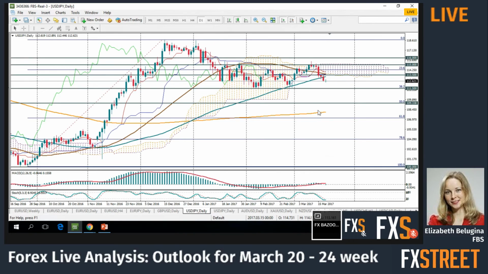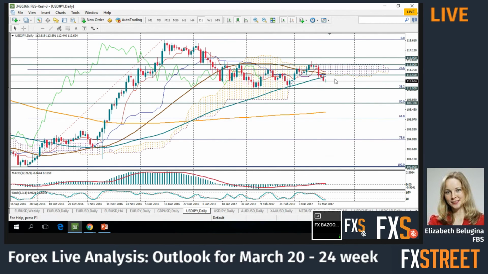So we can see here in the daily chart that there is significant resistance of the former support at 113.50. Here we have the Ichimoku cloud and the 50-day moving average, as well as the previous lows of the start of March.